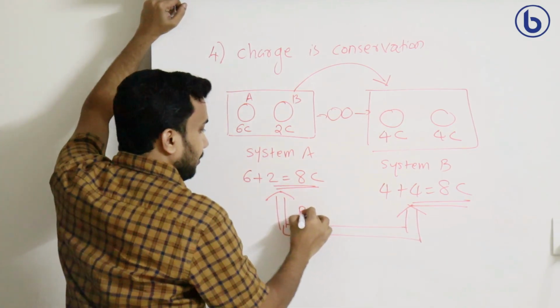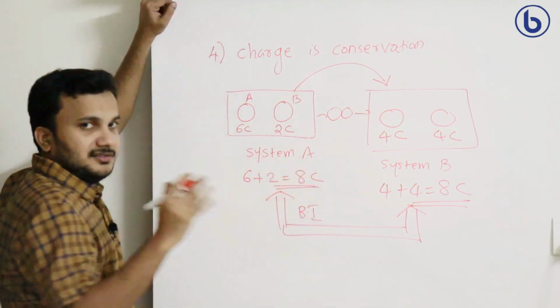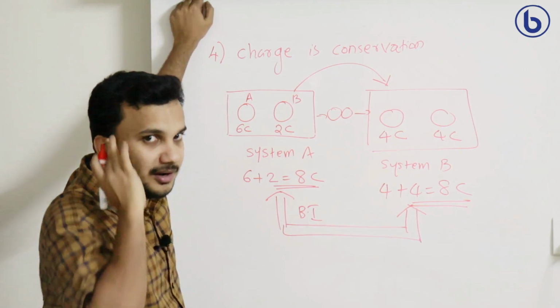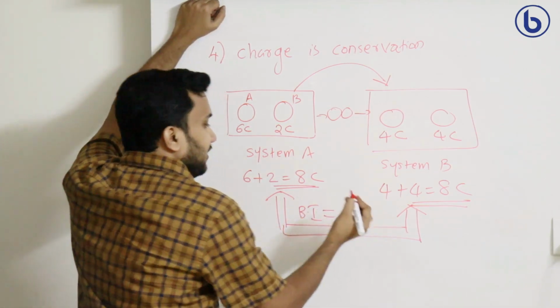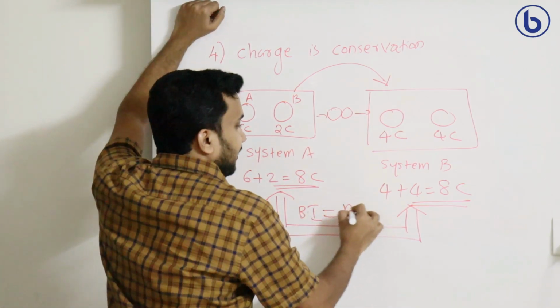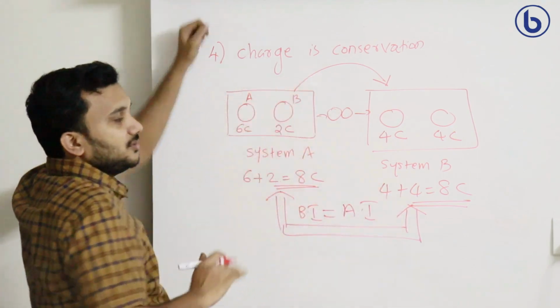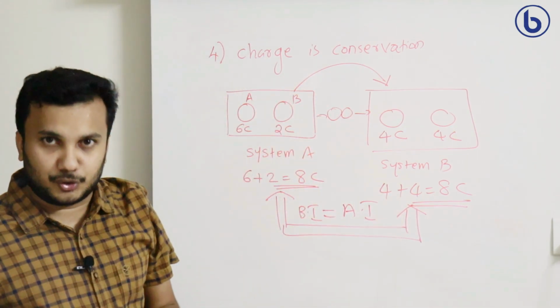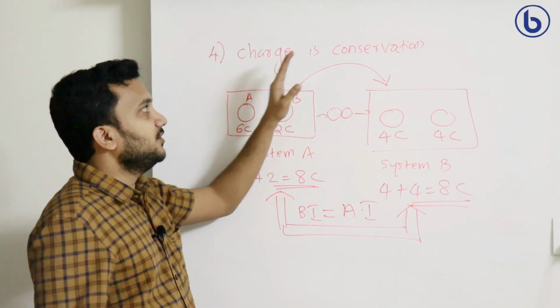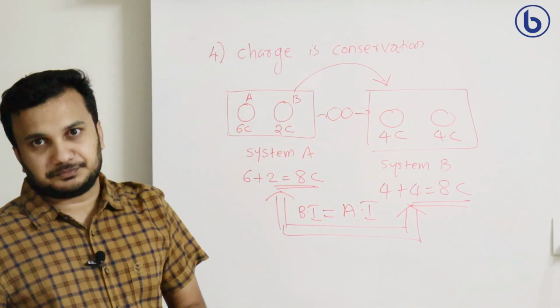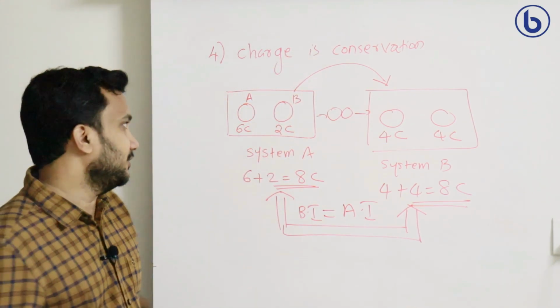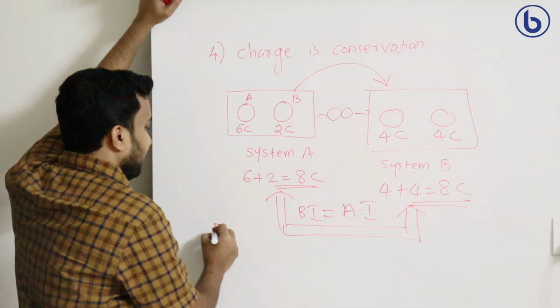I am putting before an incident as BI, just a short form for us to understand it. Before an incident is equal to after an incident. If this process still holds good, then we will say charge is conserved.